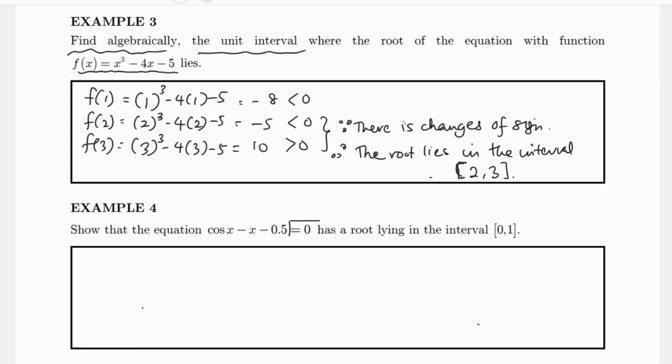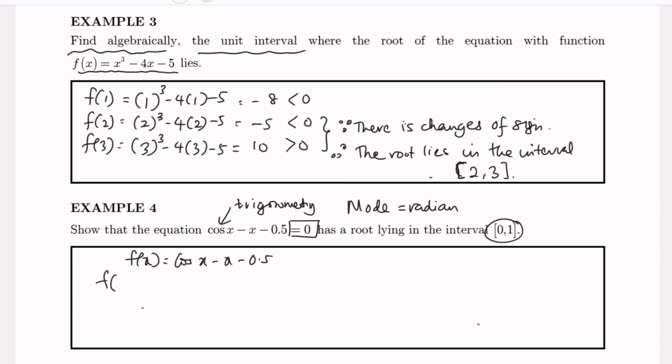Make sure the right side is 0. So f(x) = cos x - 0.5. This is a trigonometry function, so change the mode to radian. Substitute f.